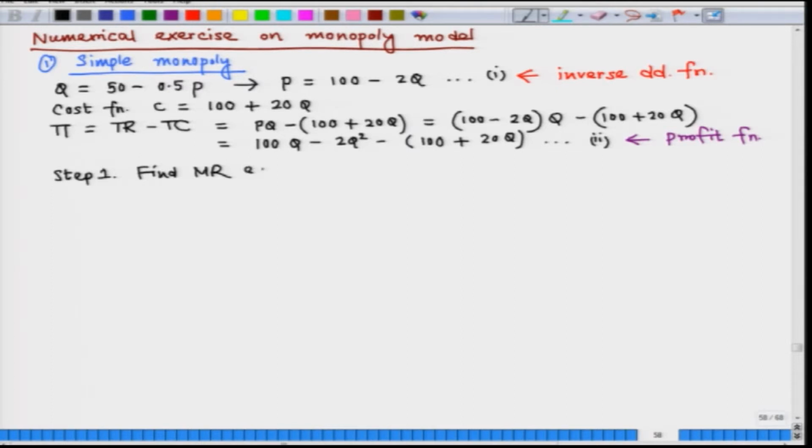So, the first task at hand is to find the marginal revenue expression. How to get the marginal revenue expression? From the total revenue we can get the marginal revenue, right.